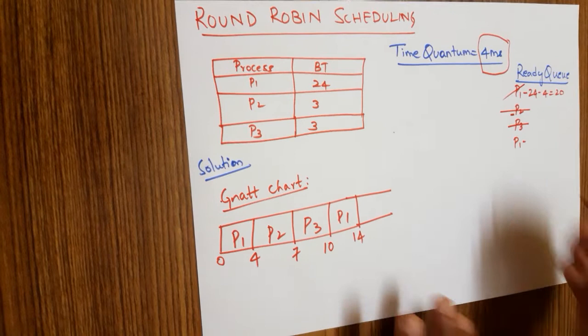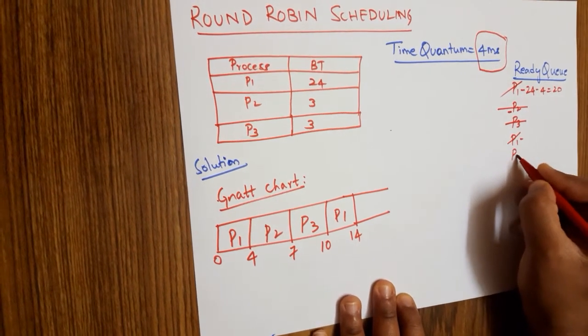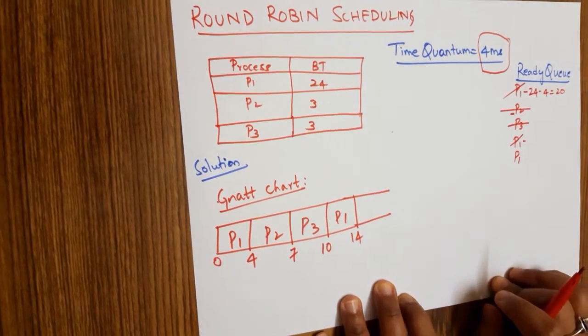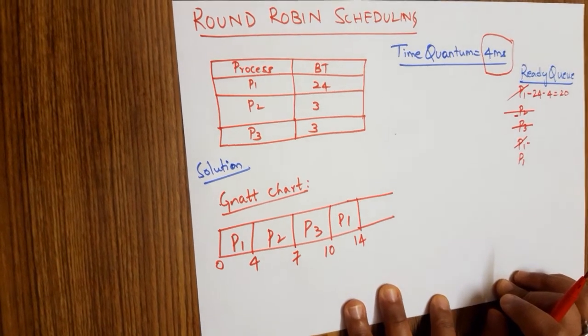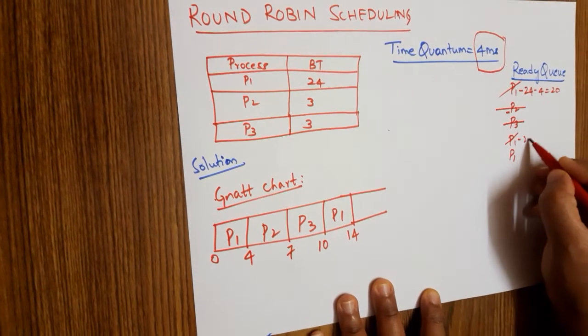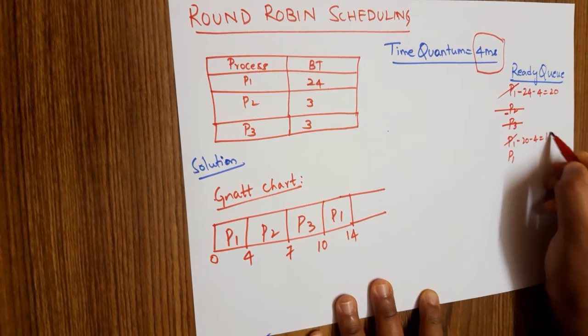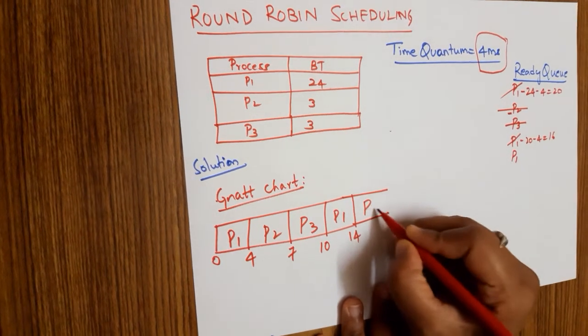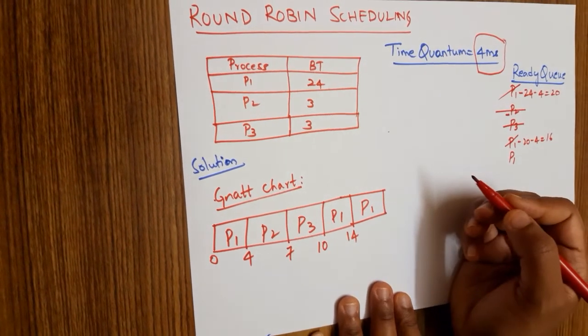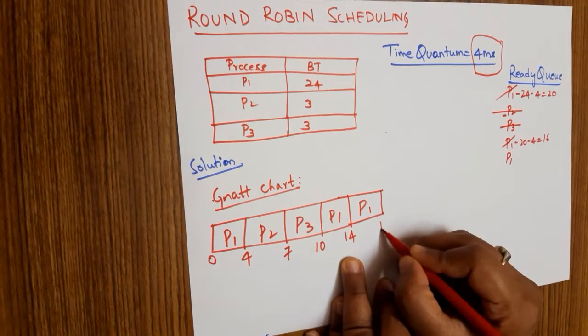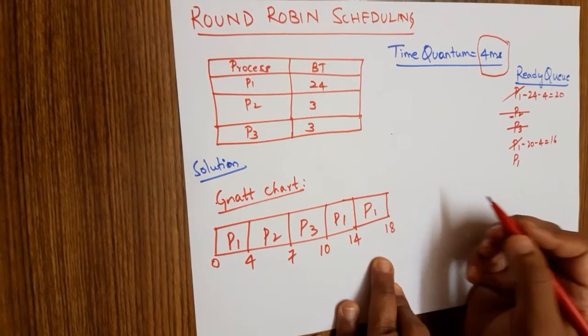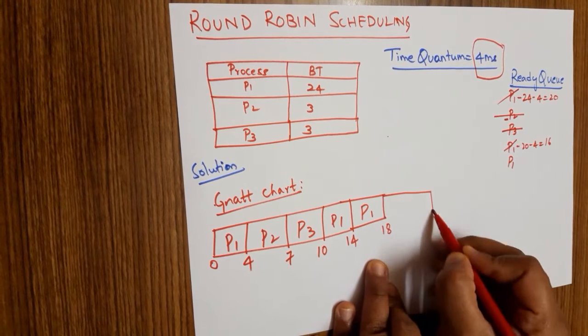Now again it has not completed its execution, so I'll add it inside my ready queue. Now it will be 20 minus 4 equals 16. Similarly, P1 again executes for the next 4 milliseconds: 14 plus 4 equals 18.